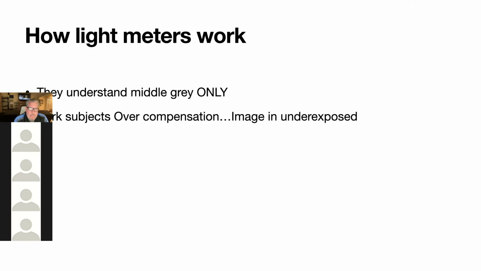I need to make that black turn into gray, so it's going to underexpose the image whether you want it to or not. So if you're taking pictures of dark subjects, someone wearing all black or a black background, a lot of times cameras can sort of underexpose.